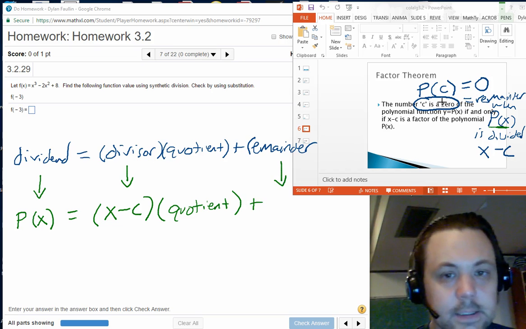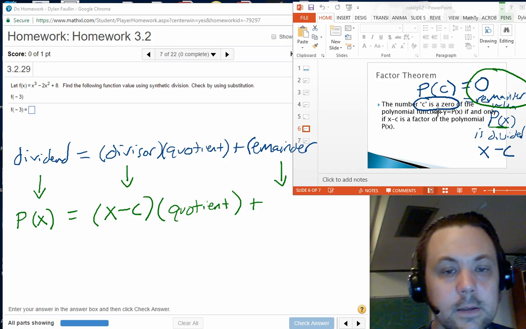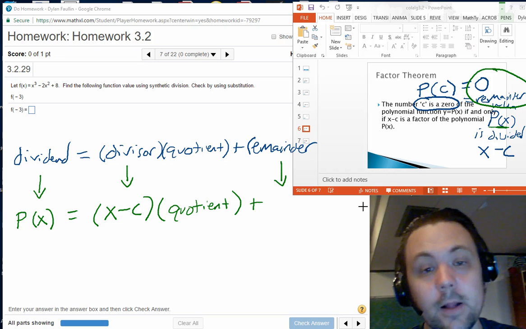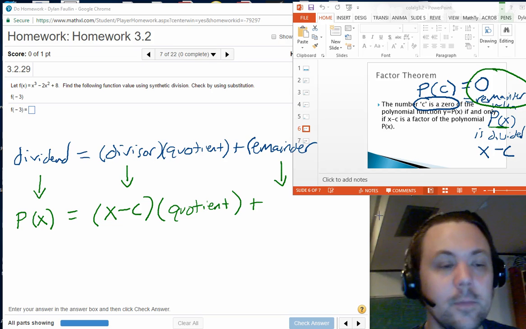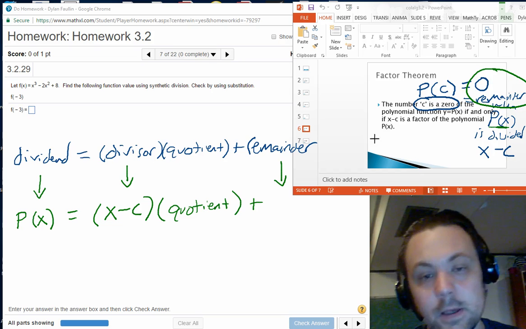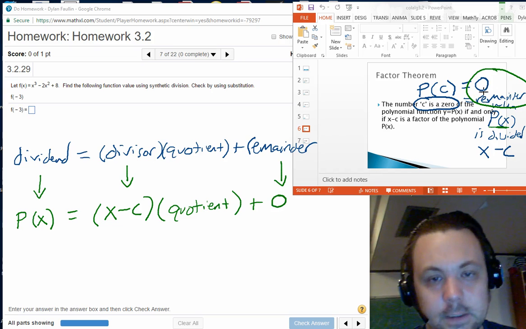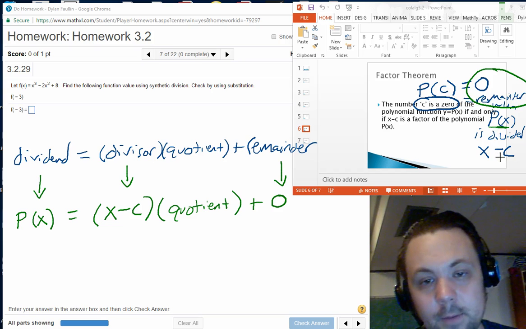And the remainder in this case is going to be 0. If c is a 0 of the polynomial, that means the remainder must be equal to 0. And so we'll plug in 0 for the remainder. That's the remainder theorem. P of c equals the remainder when p of x is divided by x minus c.